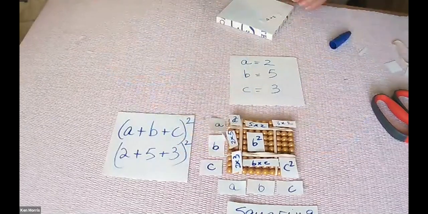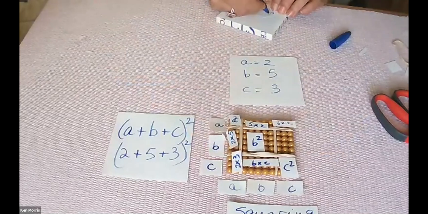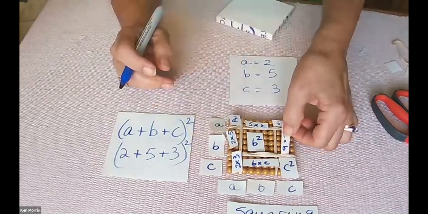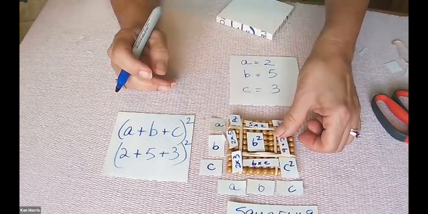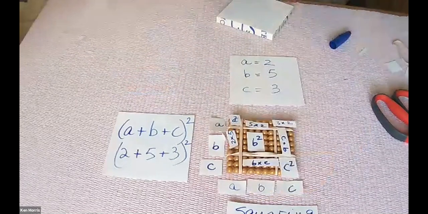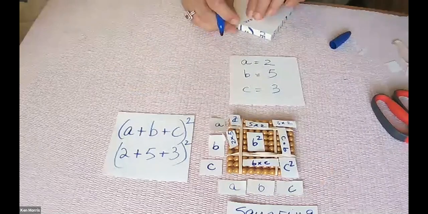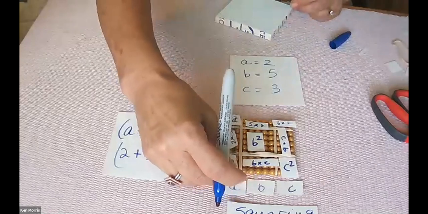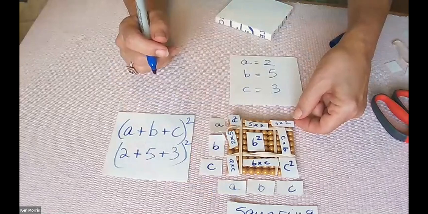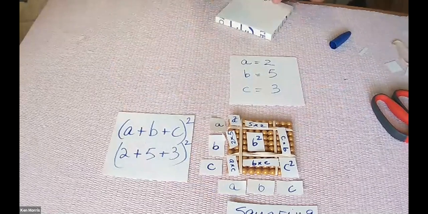I'm going to write b times c, or c times b, which is fine. Now let me go for my 2 times 3. 2 times 3 is going to be a times c. And my 3 times 2 will be c times a.